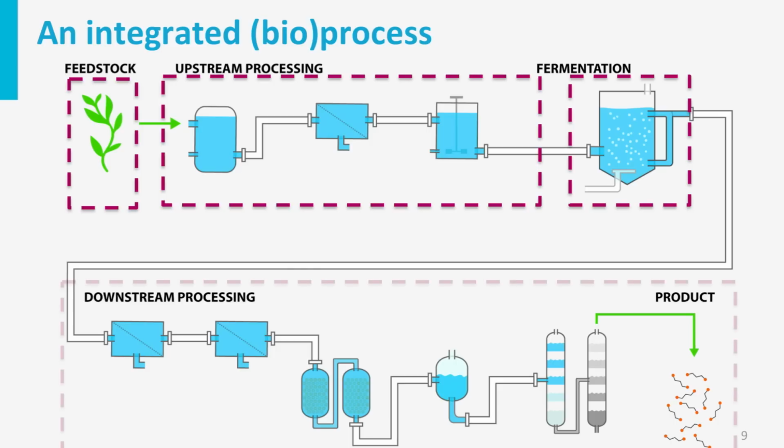The producer needs to separate the propanediol from the fermentation broth and has to deal with the impurities. Finally, to get fiber-grade propanediol, it needs to be refined, which is usually carried out by distillation. What it eventually comes down to is putting it all together. So a biotechnological process is not just about fermentation with microorganisms, it's also about dealing with flows going in and out.